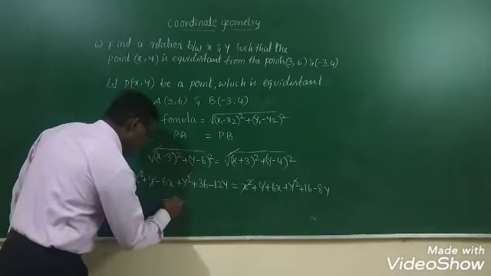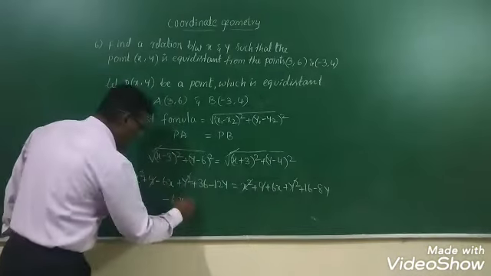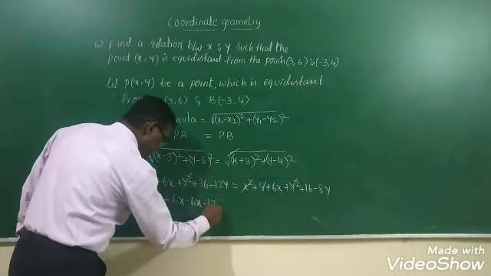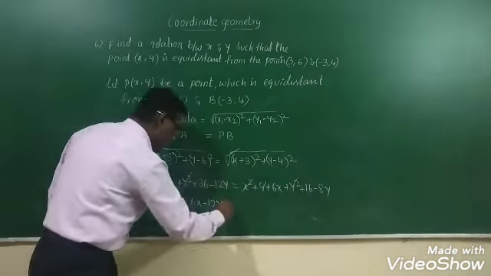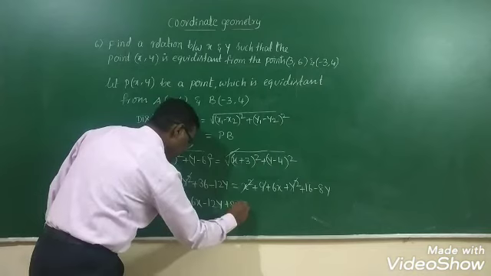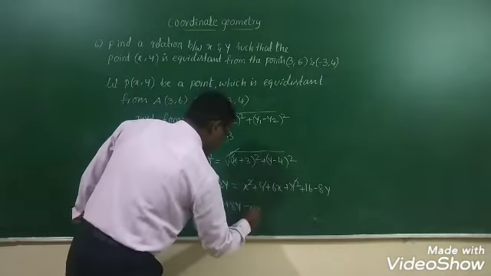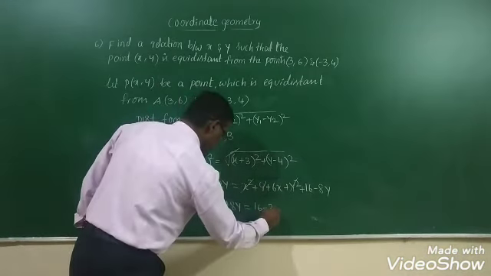By transposing, plus 6x here becomes minus 6x, and we have minus 12y, and here minus 8y comes here as plus 8y, equals the constant terms: 16, and by transposing plus 36 here it becomes minus 36.